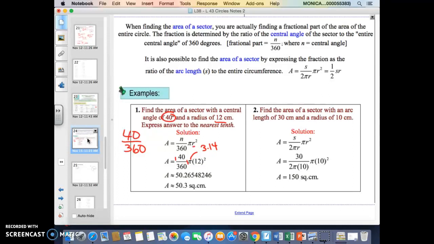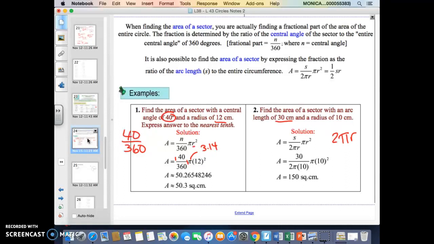Second situation, it says an arc length of 30 centimeters and a radius of 10. In this case, when they're giving you arc length as opposed to central angle, you're going to put the 30 over 2 pi times 10, because 2 pi r is the circumference.